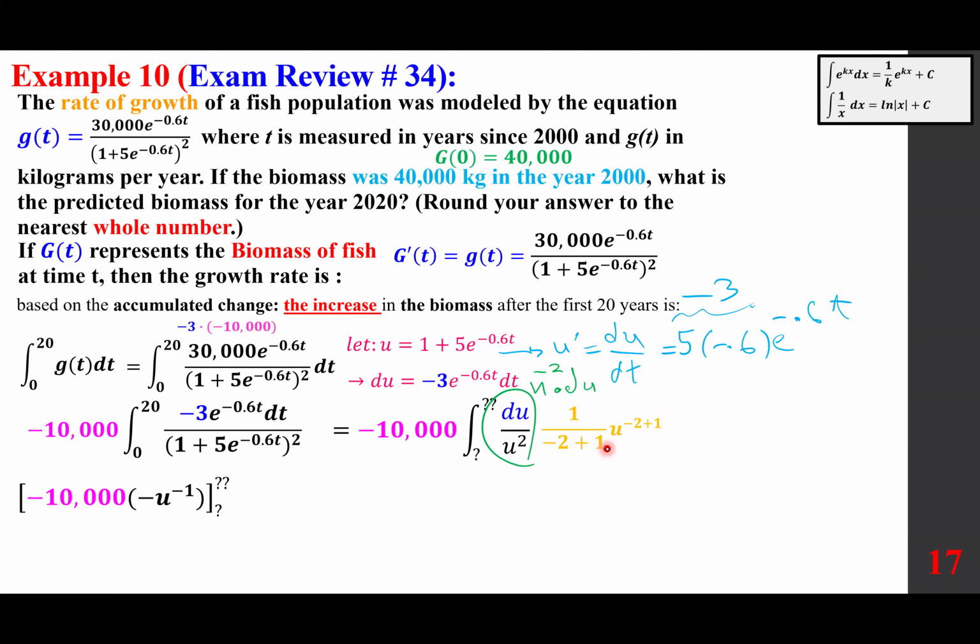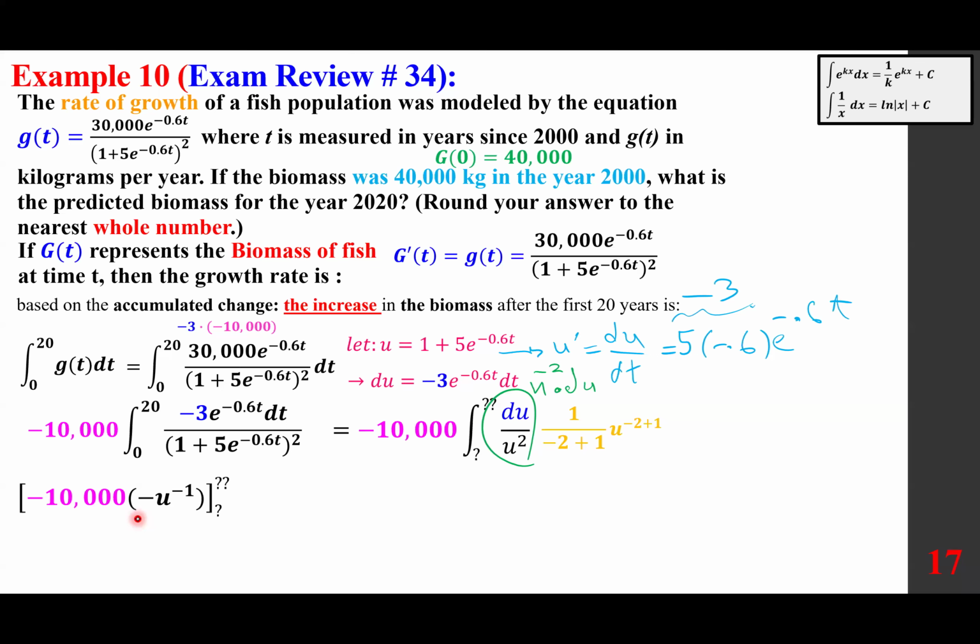So again, pretty straightforward. Negative times negative is positive. So this is really positive 10,000 divided by u.